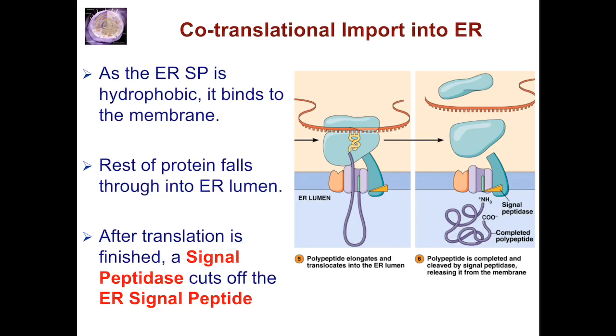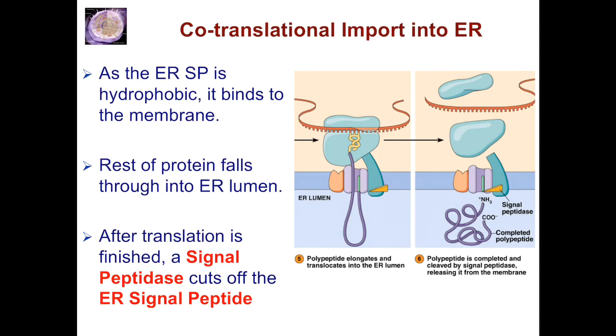But as it falls, the front end, that signal peptide, because it was hydrophobic, will bind to the phospholipid bilayer. And then that forces the rest of the protein to continue to fall through the ER channel.